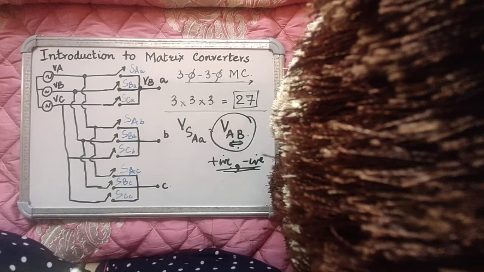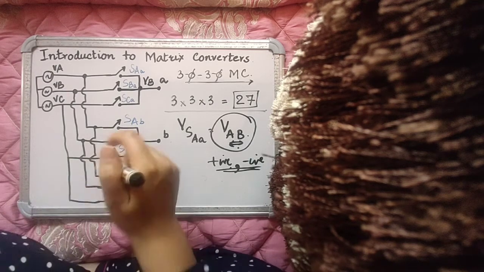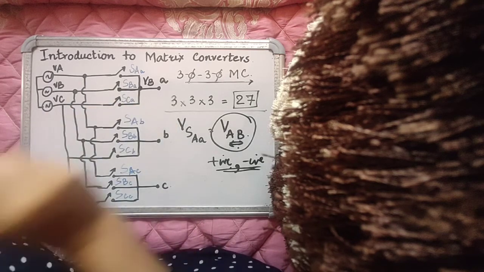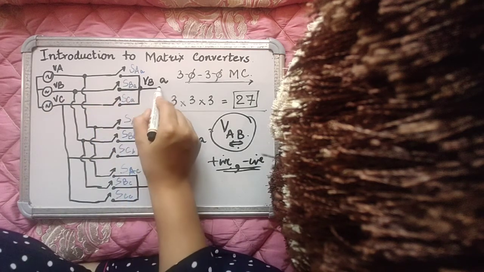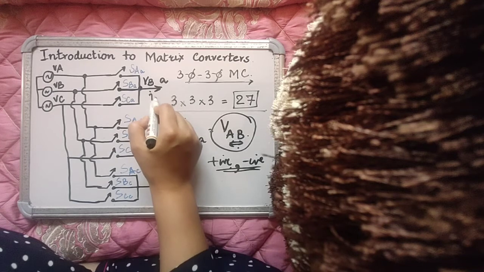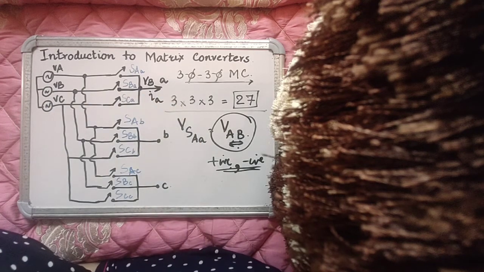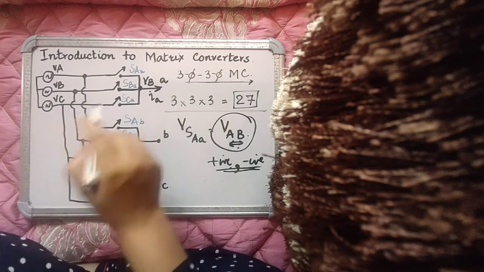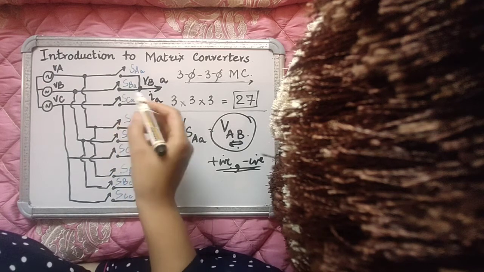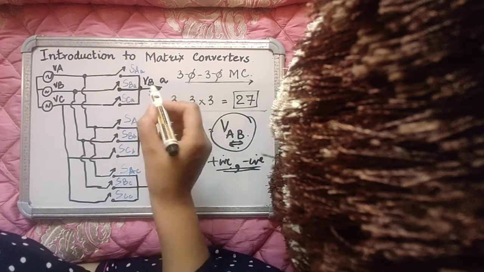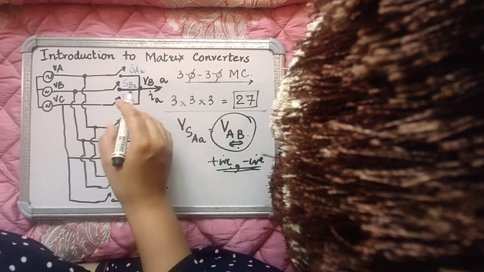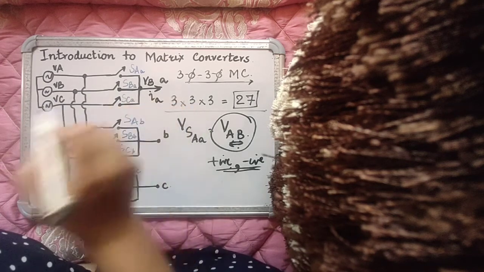Let's talk about the currents to be carried by the device. Suppose this SBA is conducting, and when it is conducting, what will it carry? It will carry the load current. Let's call it Ia, small a, right? Now this load current that SBA is carrying is an AC current, of course, because it's an AC to AC converter, so it can be positive or it can be negative.